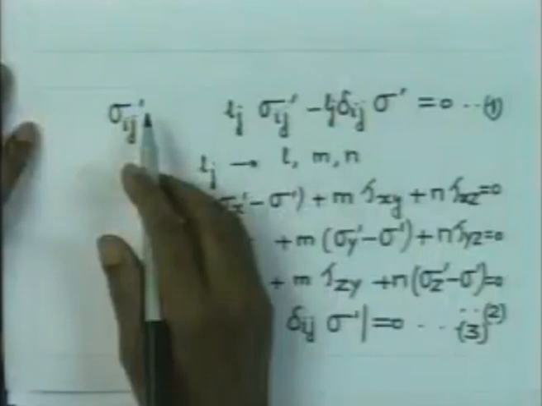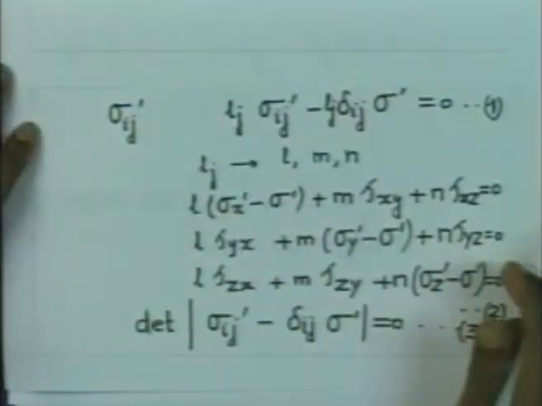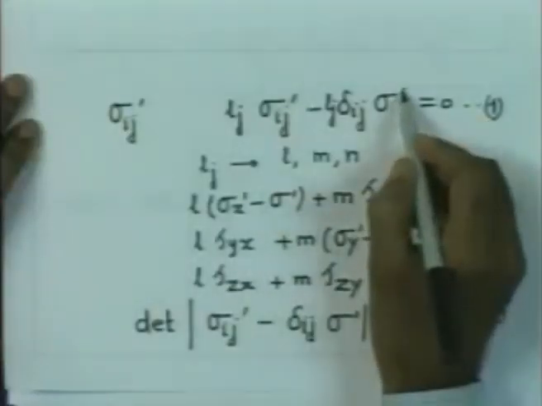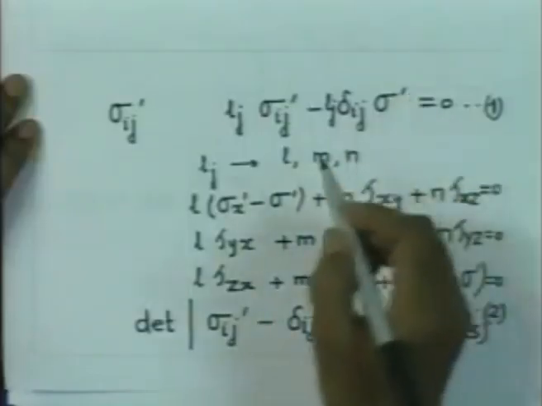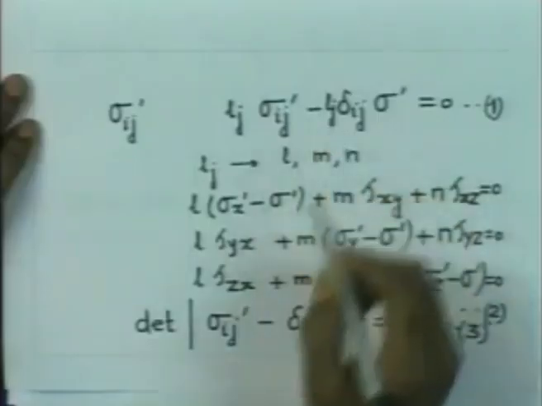Last time we saw that the deviatoric part of the stress tensor sigma ij dash will have the principal directions and also associated stresses, which are going to be given by this set of equations, where sigma dash represents the principal stress and the principal directions are given by Lj.